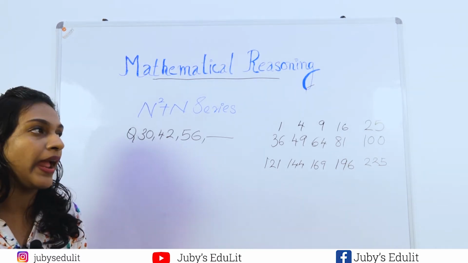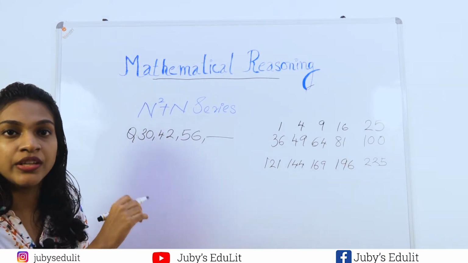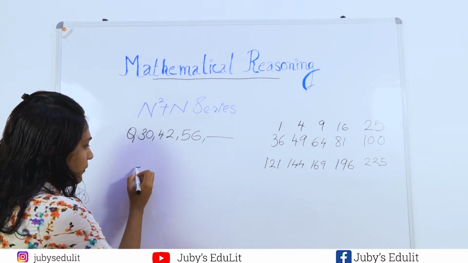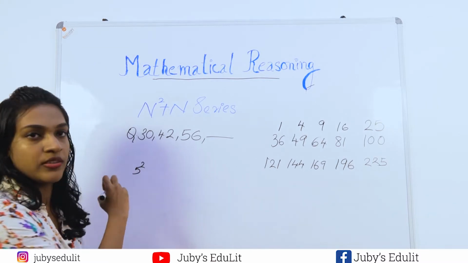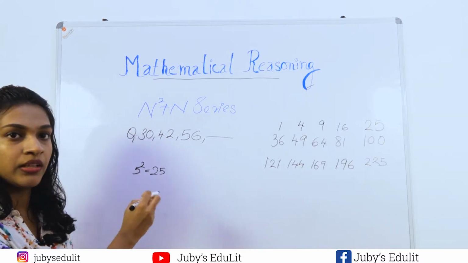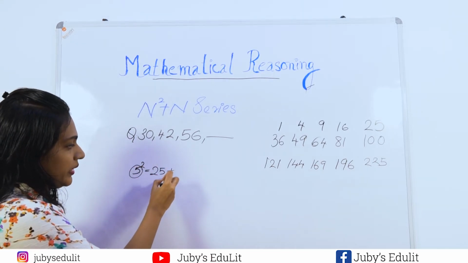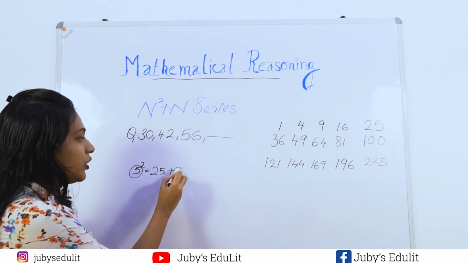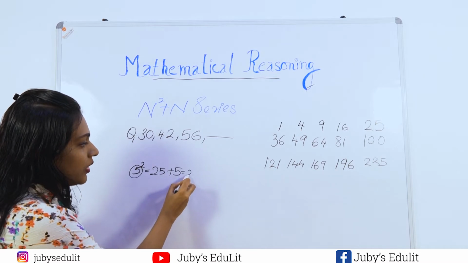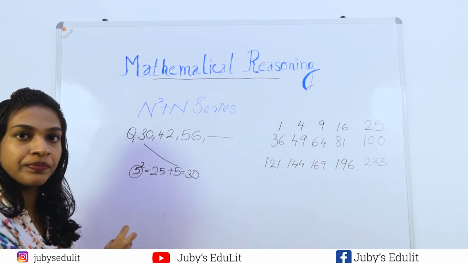When you add the square of 5, what is the square of 5? It is 25. When you add this x, the 5, to this 25, which is 5 square, you get the answer 30, which is the first number here.